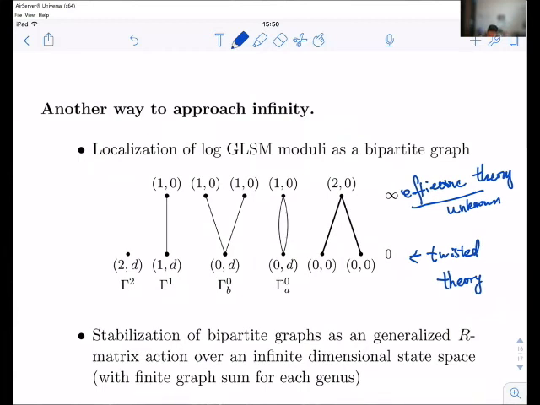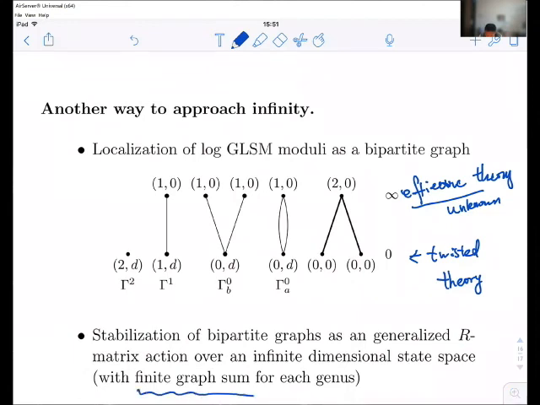And for this bipartite graph sum, we can do some stabilization of them, and then we also can have some other type of generalization of this R-matrix action, given as the R-matrix action over this infinite dimensional state space. But the advantage is that the graph sum is always finite.